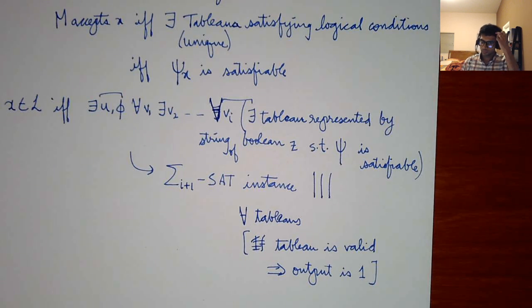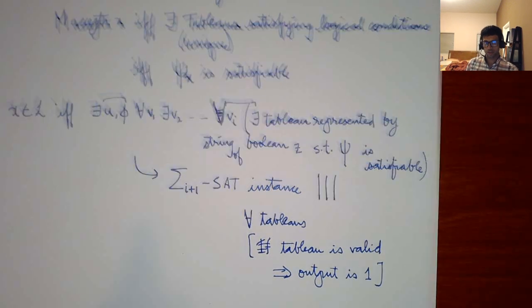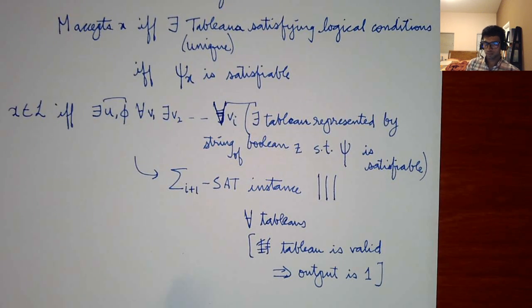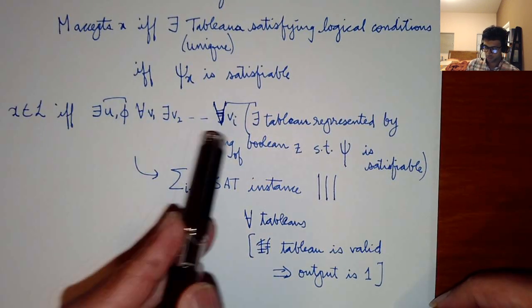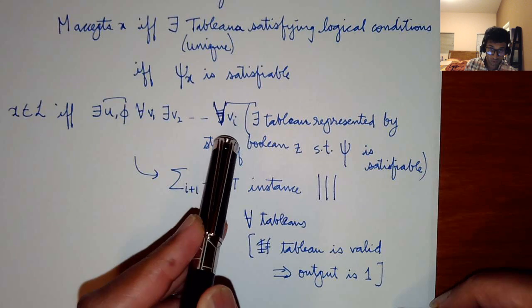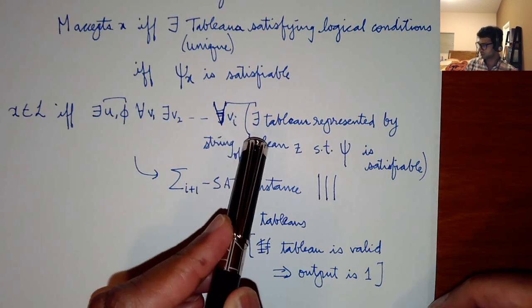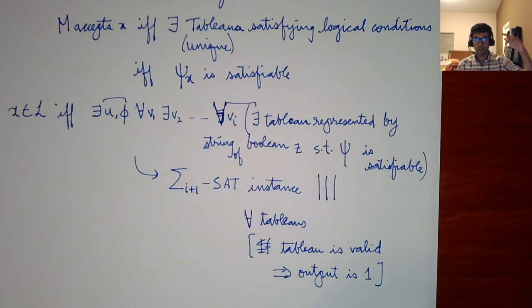But is it possible that it would still be equisatisfiable? You could keep things equisatisfiable, but you want to make sure the number of quantification switches is maintained. The number of switches is exactly I plus 1. You don't want yet another switch to make it I plus 2, because then you would end up in sigma I plus 2 SAT and not sigma I plus 1 SAT. Right. Yeah.